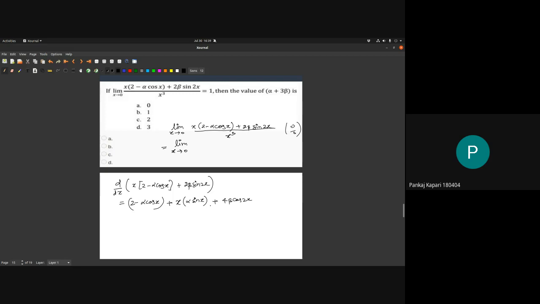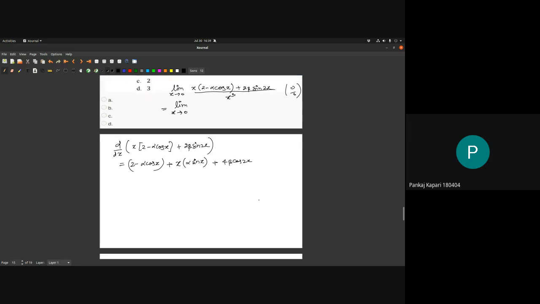So this is our derivative of the numerator: 2 - alpha cos x plus alpha x sin x plus 4 beta cos 2x, and in the denominator we have the derivative of x cube, which is 3x square.